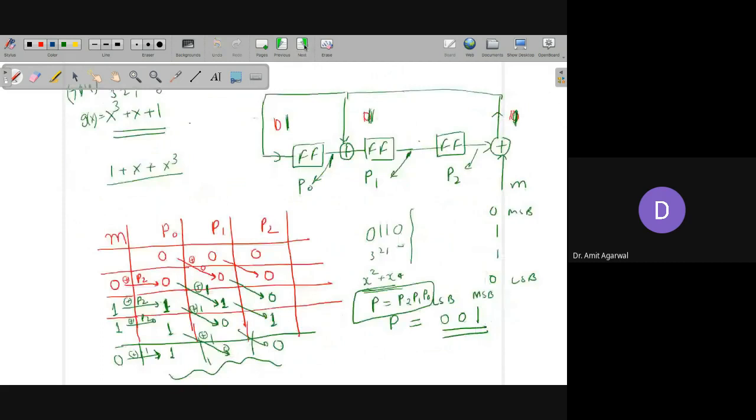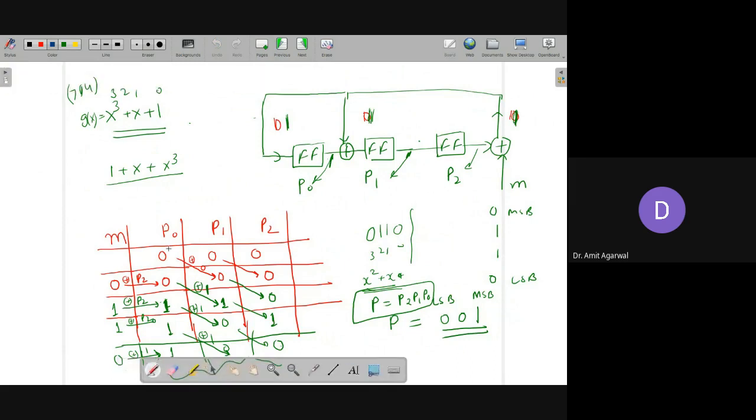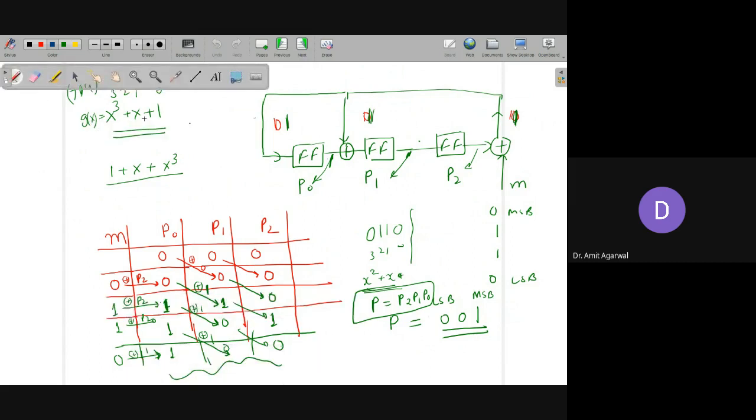Do you have any confusion? Similarly, one can also find out the table or the P naught, P1, P2 value for the generator polynomial x cube plus x plus 1. What you have to do? You have to first write it in this way: 1 plus x cube. And wherever there is 1, we have to put a XOR, except the final one.